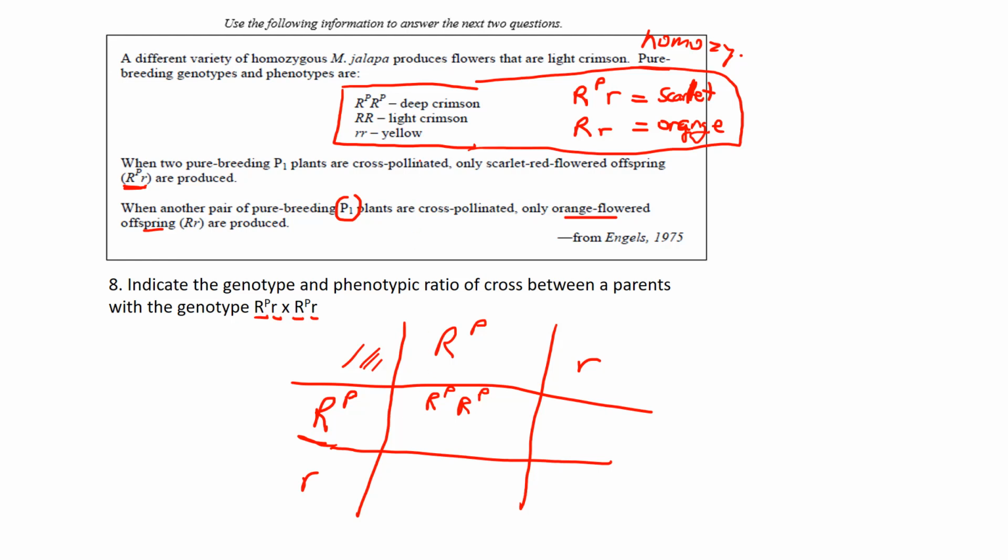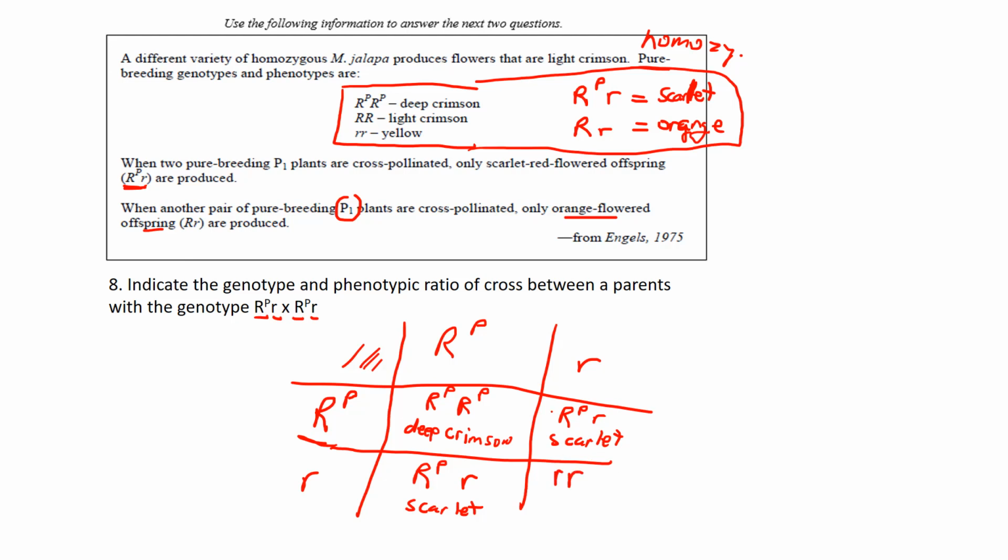Take a look at our legend. If we have that in a homozygous, that is deep crimson, whatever color that is. And keep on going. Capital R P with a little r is going to be, we added that to our legend, scarlet. And if we go capital R P with a little r, that's going to be another scarlet.